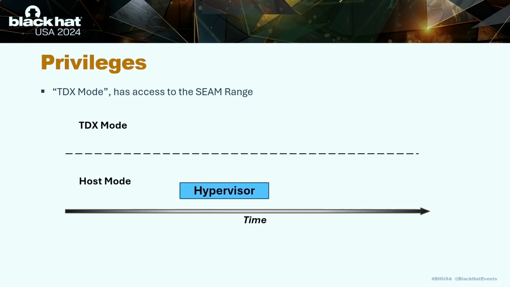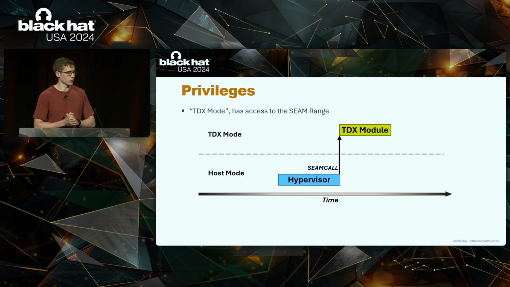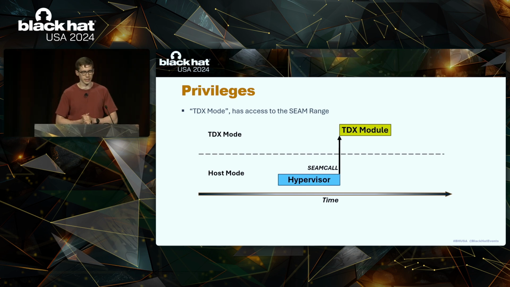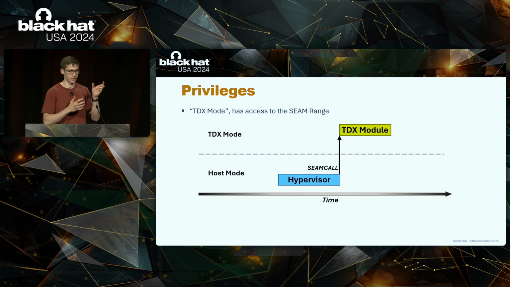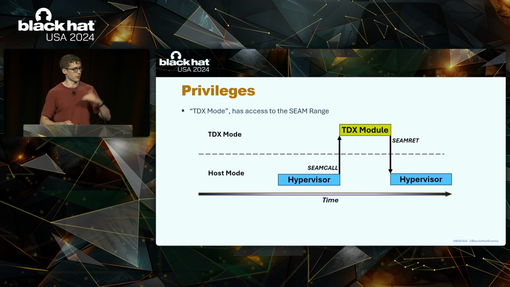If you represent it as a timeline, you first have the hypervisor running in host mode, in standard mode. When it executes the SEAMCALL instruction, the CPU jumps into the TDX module and switches to the TDX mode. Here, the SEAM range becomes accessible, so the protected range in physical memory becomes accessible. And when the TDX module executes SEAMRET, the CPU jumps back to the hypervisor, switches back to host mode, and here, the SEAM range becomes not accessible anymore.